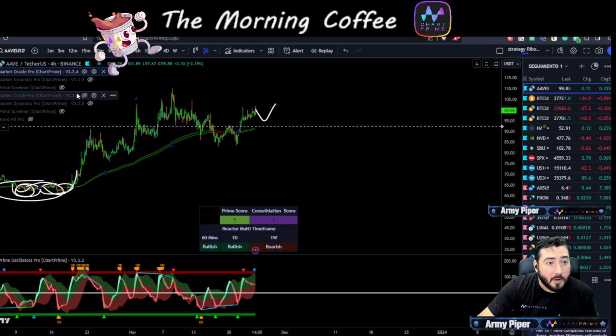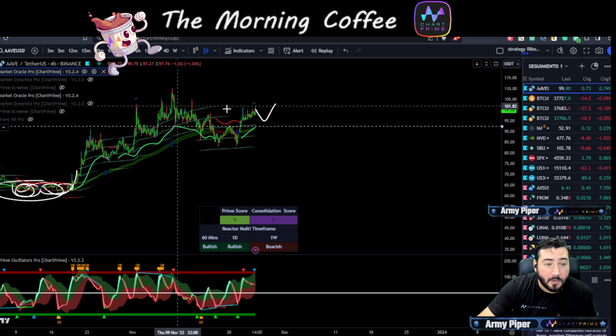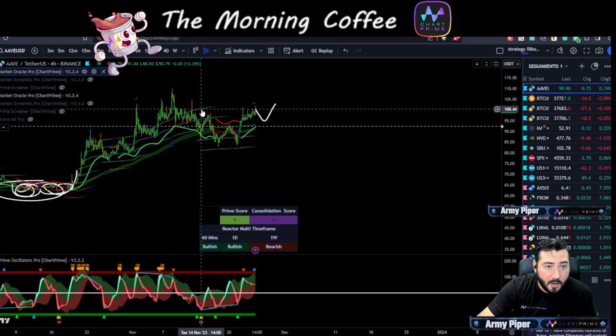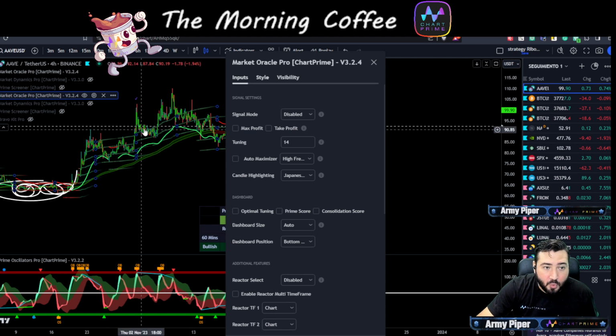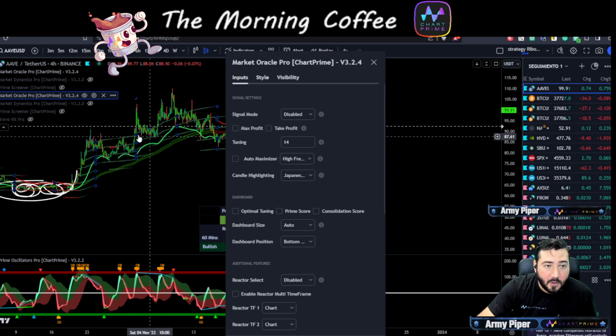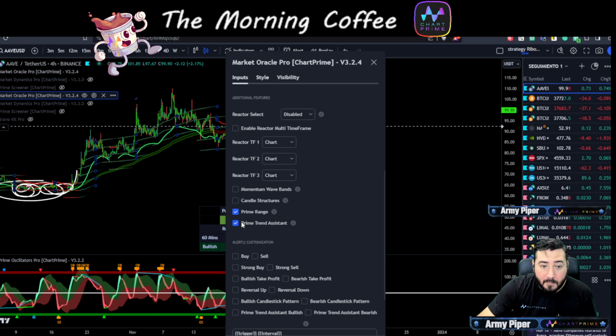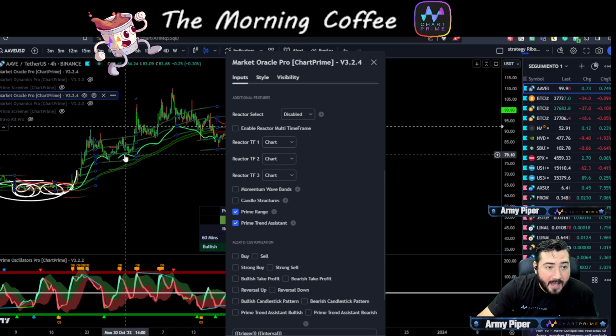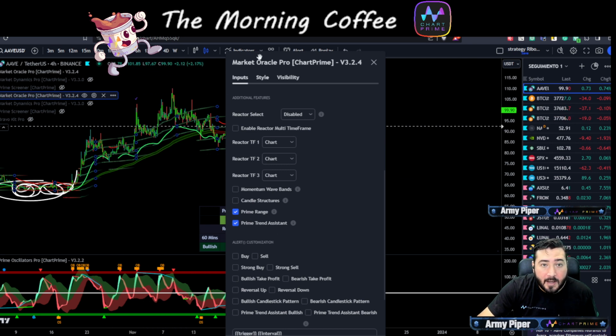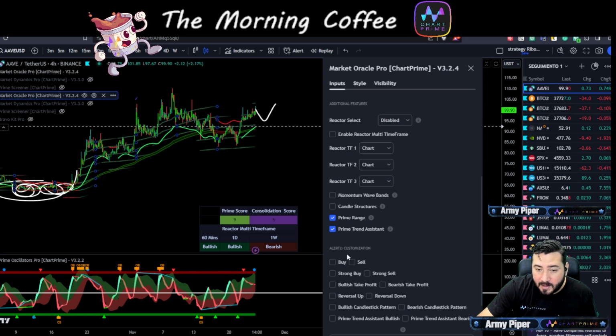So if you are curious how those look, this is it. Turn on. These wavy lines here that go with the trend are my prime ranges, and these bright green and bright red lines are my prime trend assistants. They give me an early notice when I'm shifting trends right there.